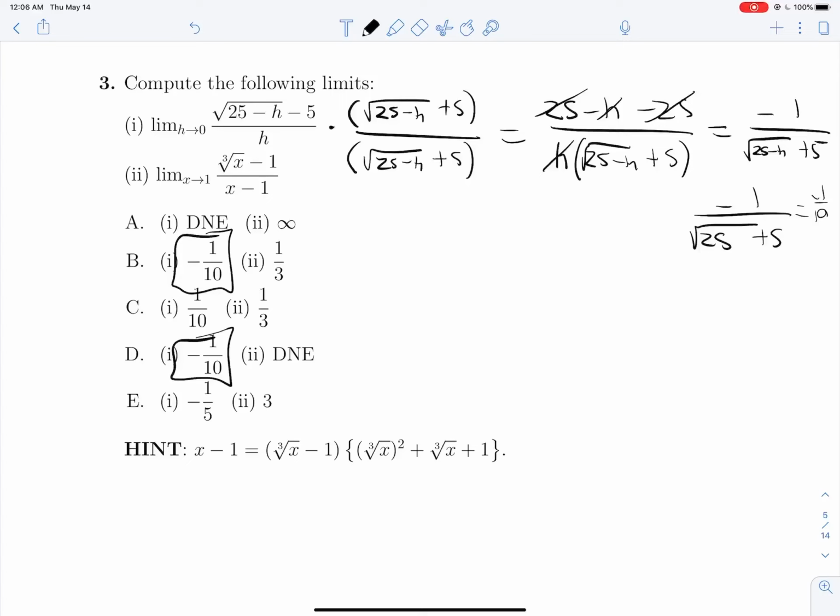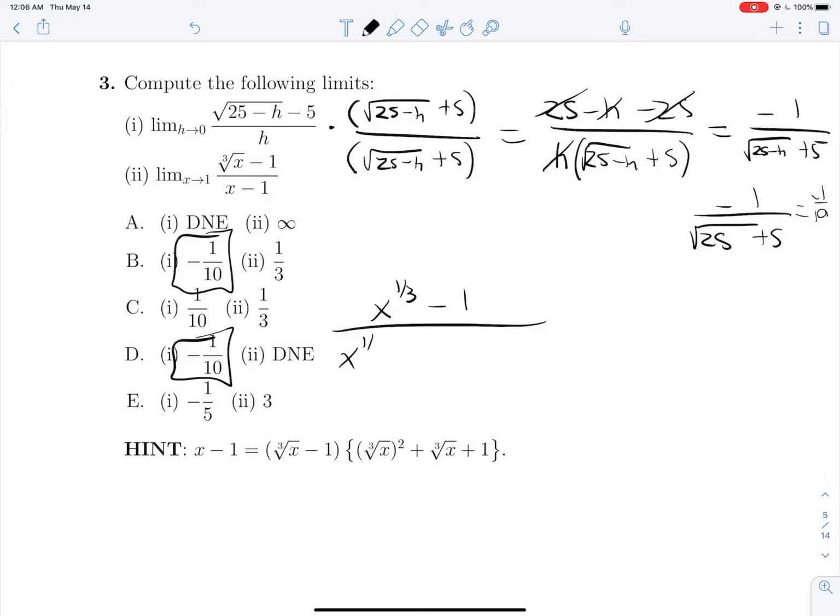So for number 2, they actually give us a nice little substitution that we can do that really helps us here. So they're telling us that x minus 1 is equal to all of this stuff. So let's apply that substitution. We have x to the 1/3 power minus 1 divided by, instead of x minus 1, all of this stuff.